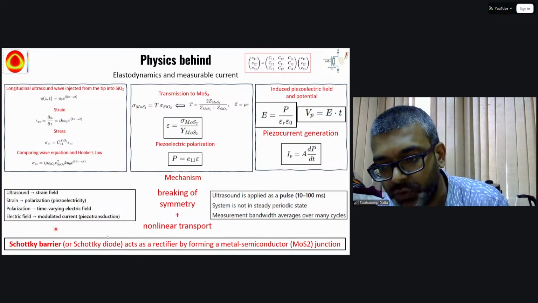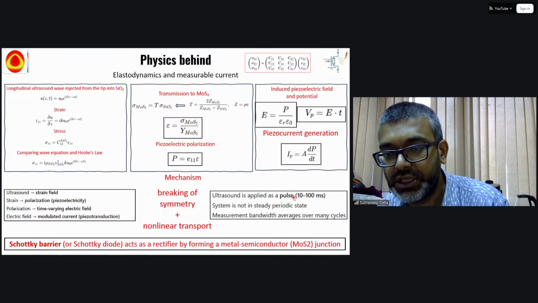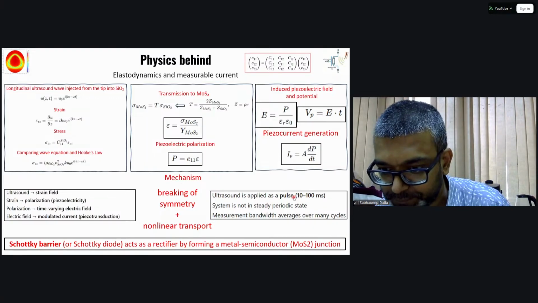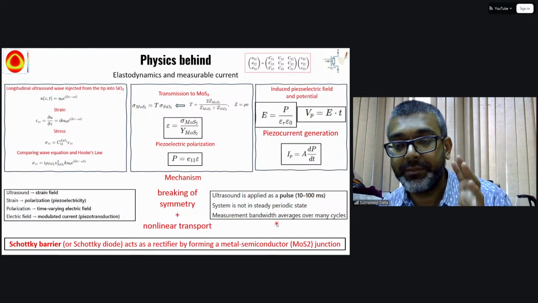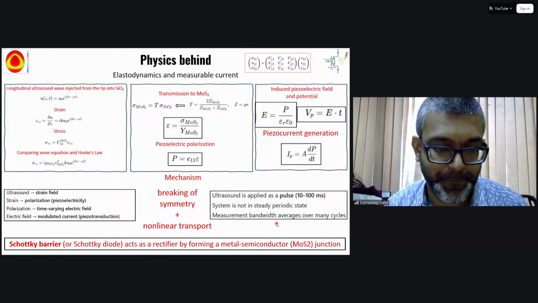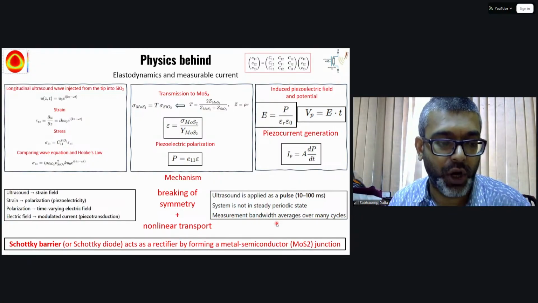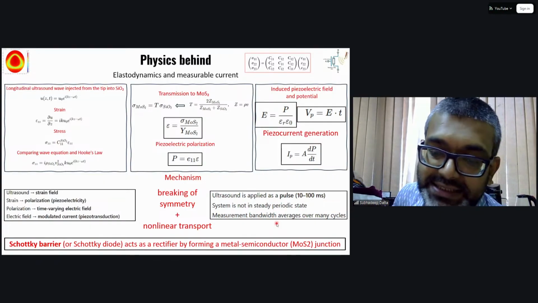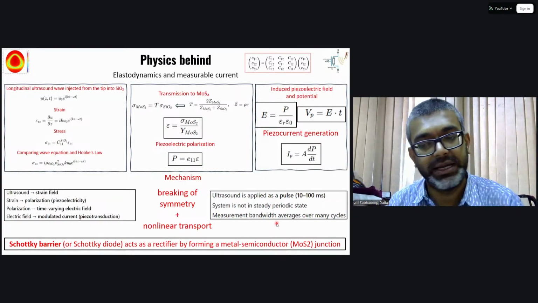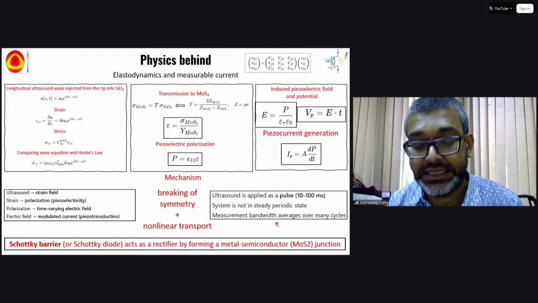With ultrasound pulse, let's say 10 to 100 millisecond, 100 kilohertz frequency, and the measurement bandwidth is averaged over many cycles. In our case, since we have shown nonlinear plots with Schottky barriers, it acts as a rectifier by forming a metal semiconductor junction. So that is why you are seeing this transient in our case.